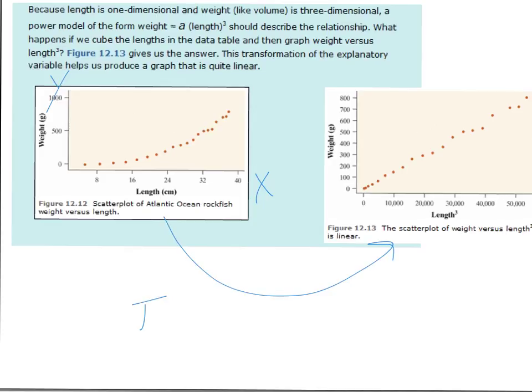This point is when the transformation has happened. We have transformed one of the variables, and you will see this scatter plot does not compare length to weight. It compares length cubed to weight.